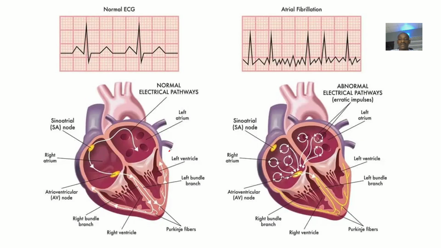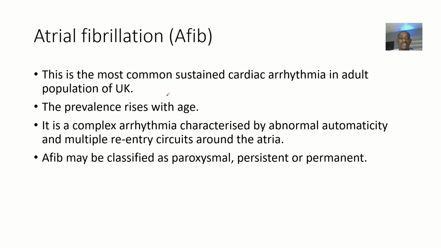I've already explained this picture in the previous one. You see the abnormal firing, left, right, center, originating from the atrium. That's why I say there's atrial fibrillation. This is the most common sustained cardiac arrhythmia in the adult population in the UK, and the prevalence rises with age.